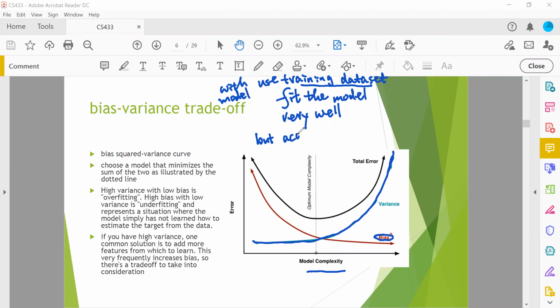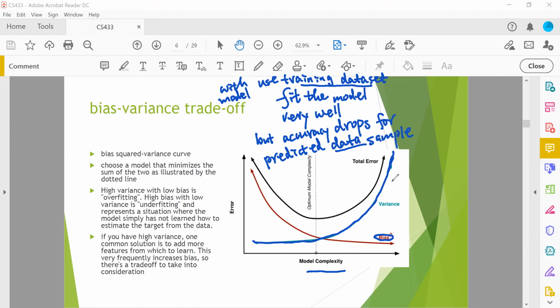But the accuracy drops for predicted data samples. That means your model only fits with the provided data set. When new data comes, it cannot reflect well.